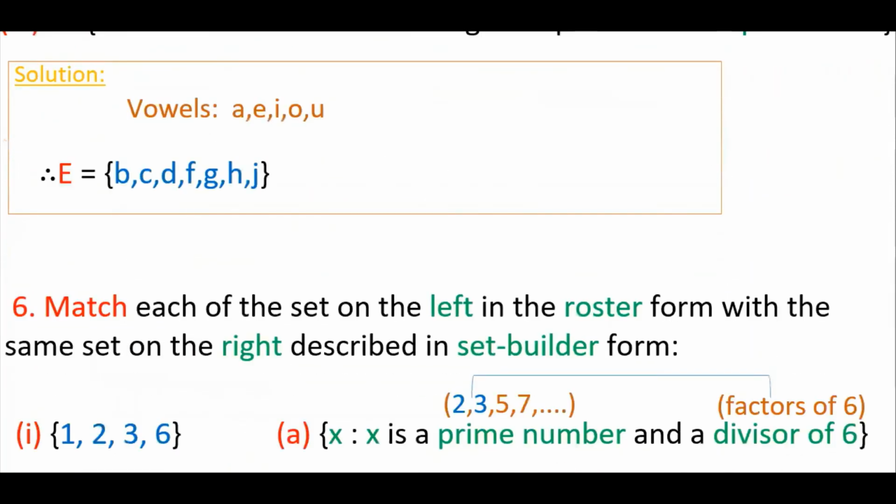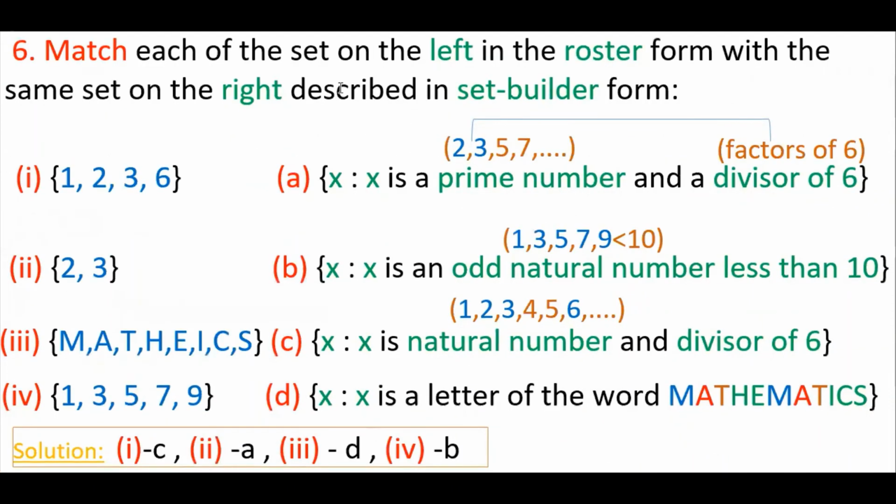And the next question is the sixth one. Match each of the sets on the left in the roster form with the same set on the right described in set builder form. So here these are in the roster form and these are in set builder form. First, check the set builder form sentences. Here, x is a prime number and a divisor of 6.